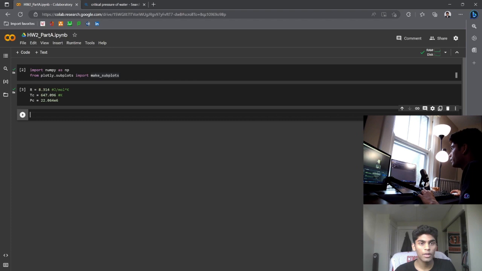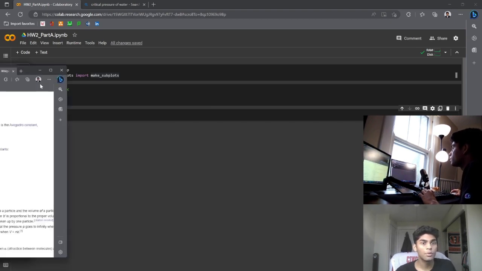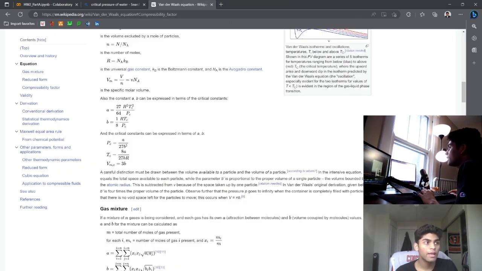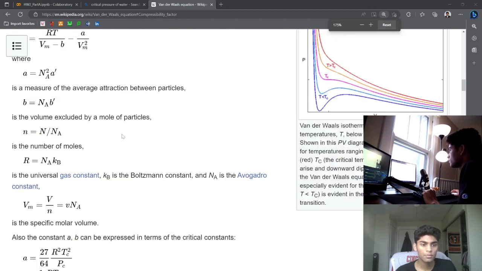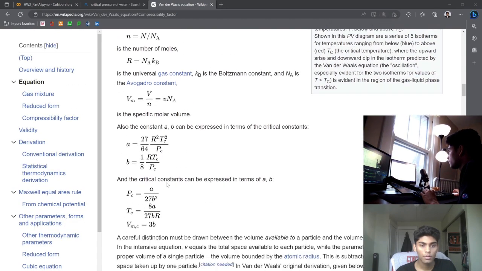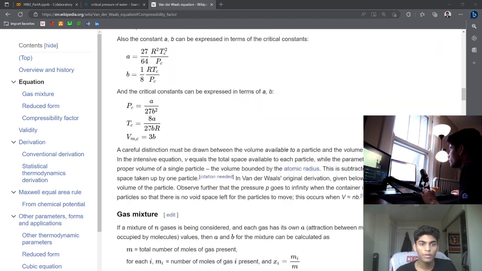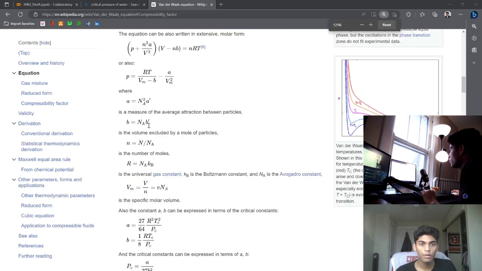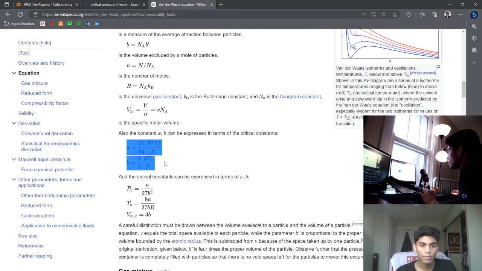And that's going to be A in terms of the gas law constant, critical temperature, and critical pressure, same for B. So I have a Wikipedia page pulled up. And as we can see, our A and B values should be somewhere right around there.